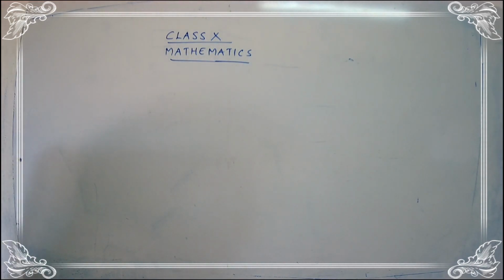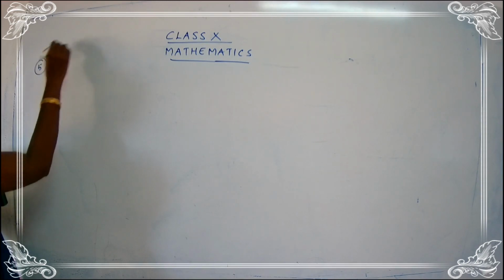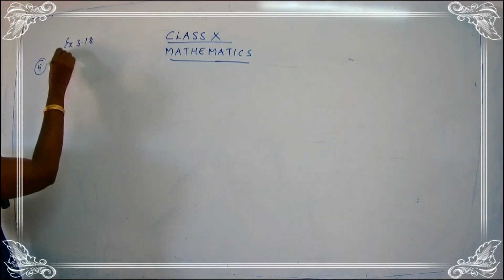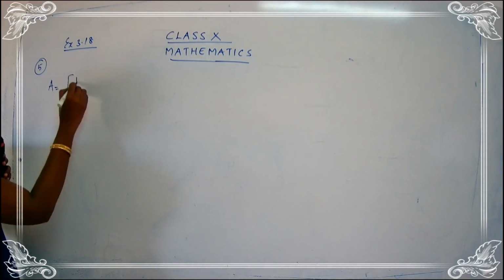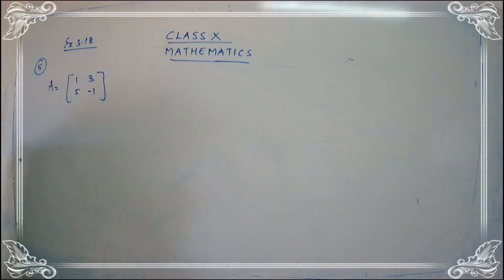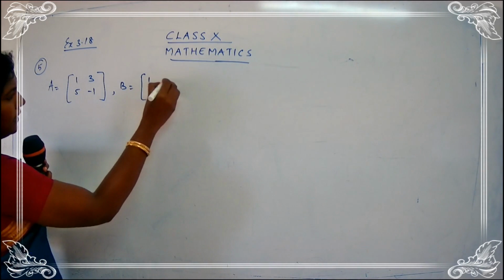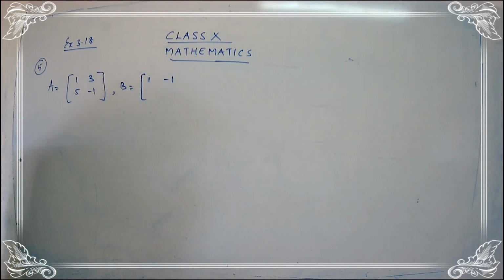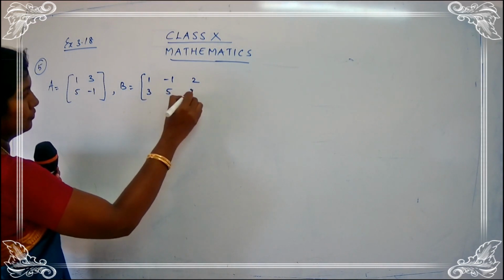Given that A is equal to, so they have given you a matrix over there, sum number 5, exercise 3.18. A is equal to 1, 3, 5, minus 1. B is equal to 1, minus 1, 2, 3, 5, 2.